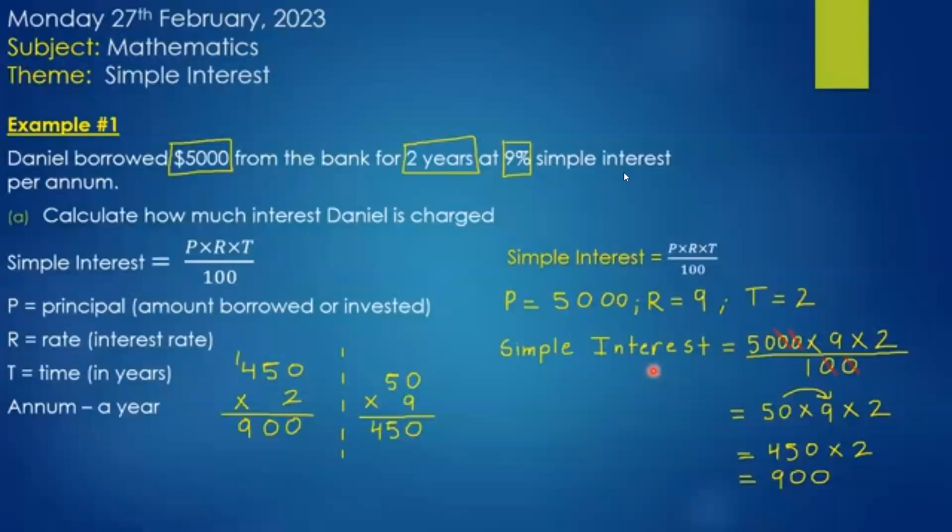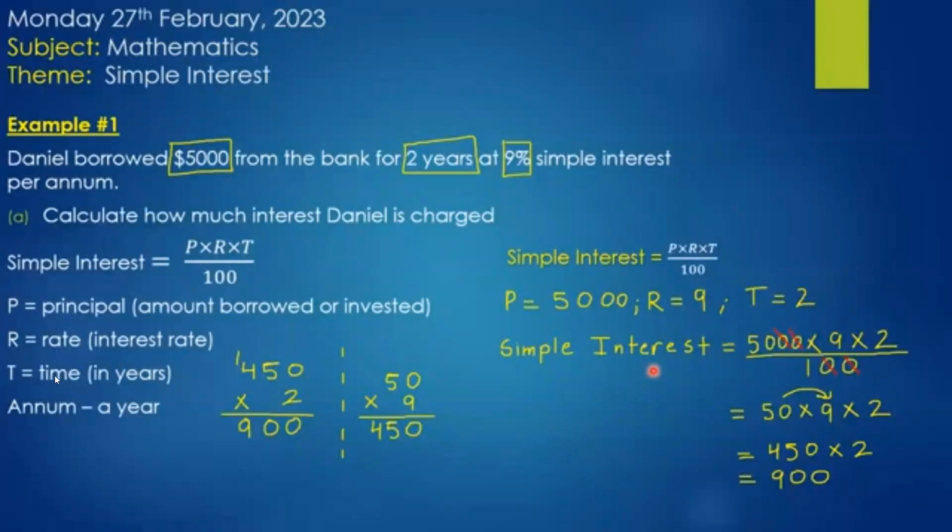We multiply the 50 and the 9 first, which gives us 450. Then we multiply that by 2, which gives us 900. So the simple interest charged is 900.